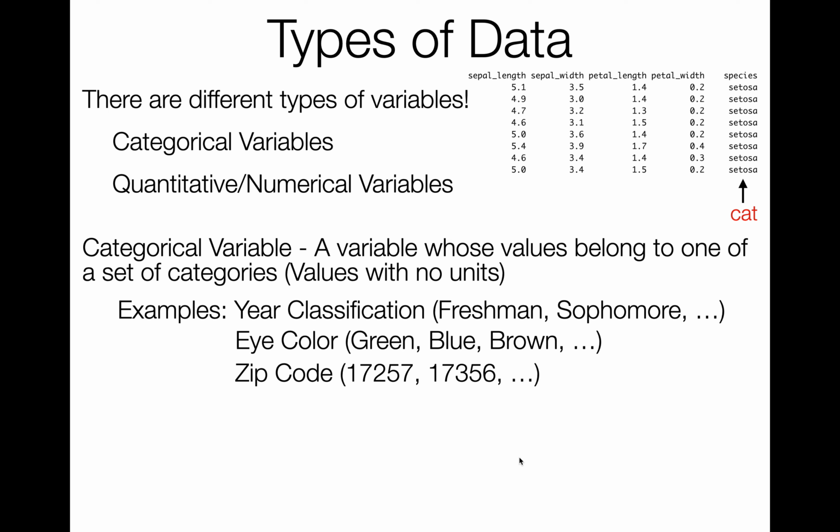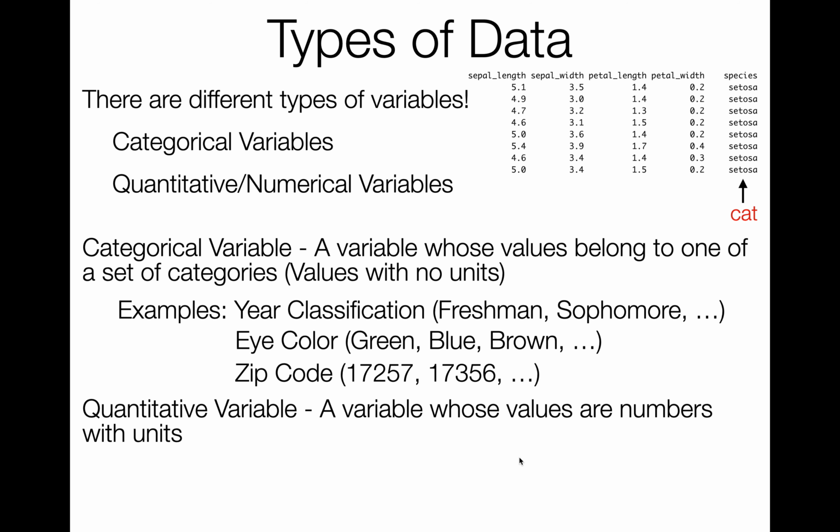So, back to looking at the 5 variables that we have above. Species is our only categorical variable here. Okay, there are 3 types of irises, setosa, versicolor, and virginica. And so the species is a set of categories, hence a categorical variable.